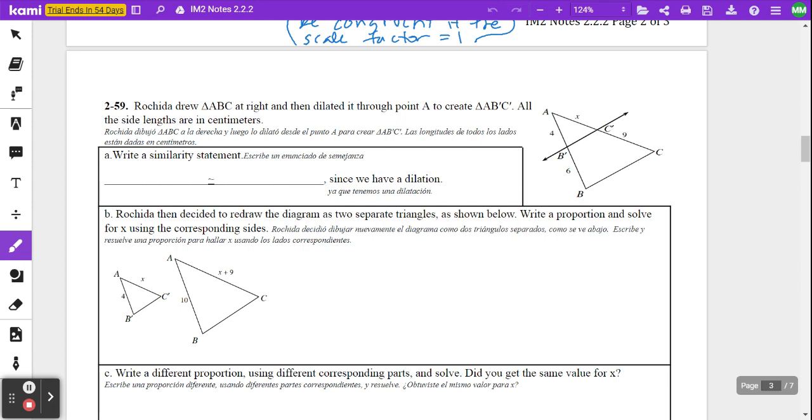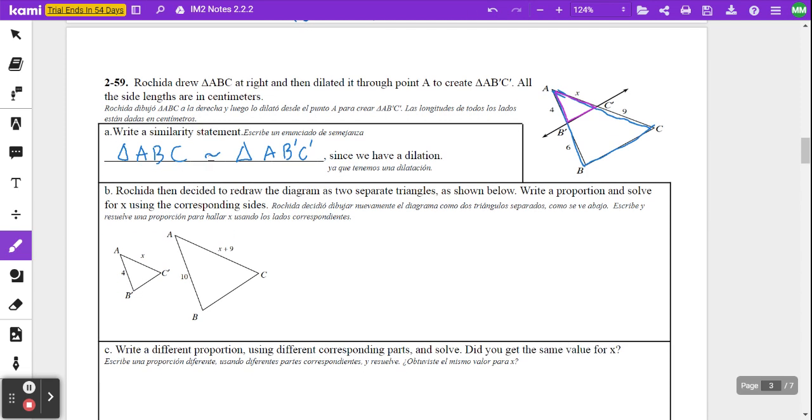So we have triangle ABC is similar to triangle, the larger triangle right here is similar to the smaller triangle right here. So triangle ABC is similar to triangle A prime, B prime, C prime. And we know those are similar because dilations produce similar figures.